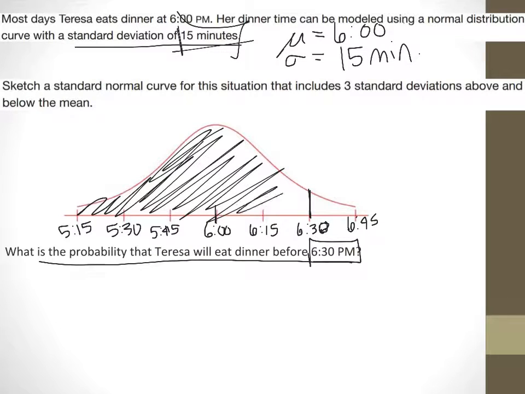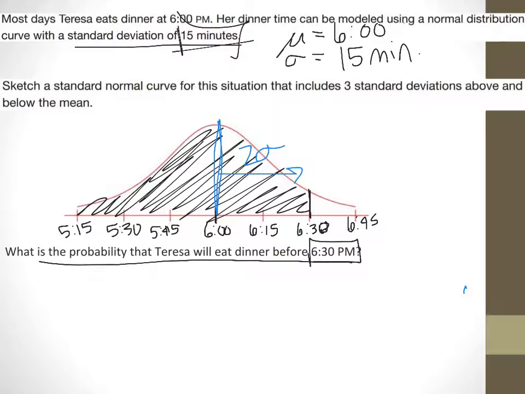Because if you imagine, 5:15 is before 6:30, 5:30 is before, and so on. All of these times are before 6:30. Like we said, here is my mean. 6:30 is 2 standard deviations that way.